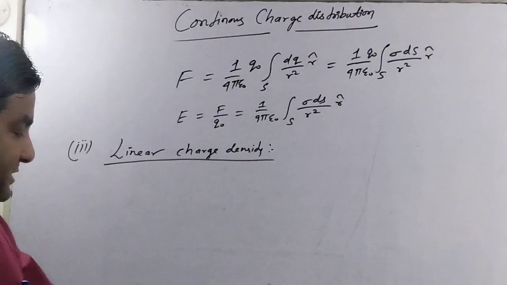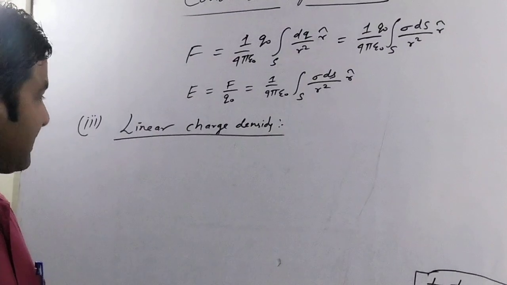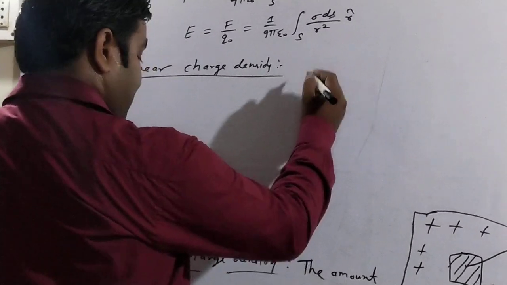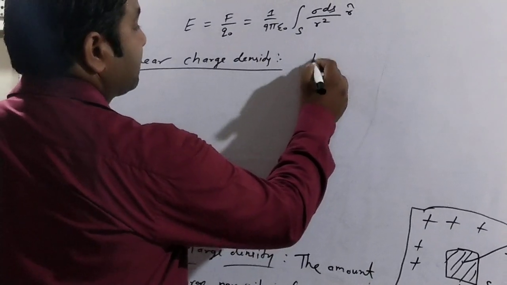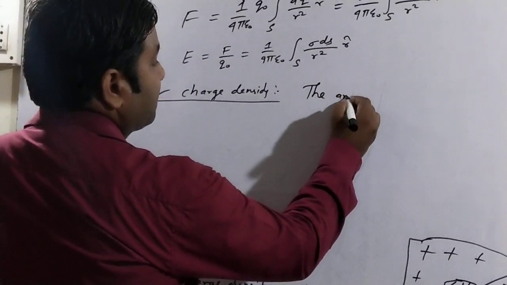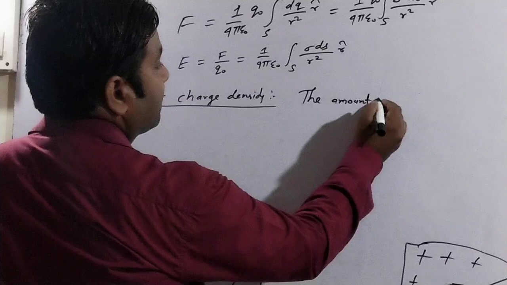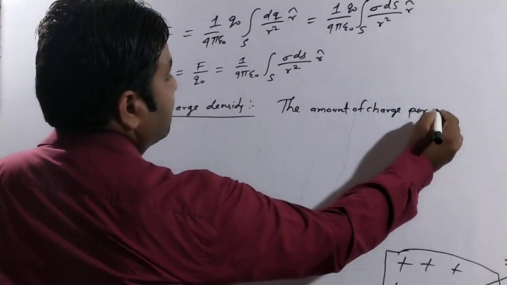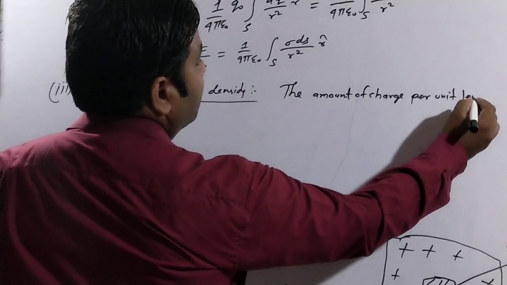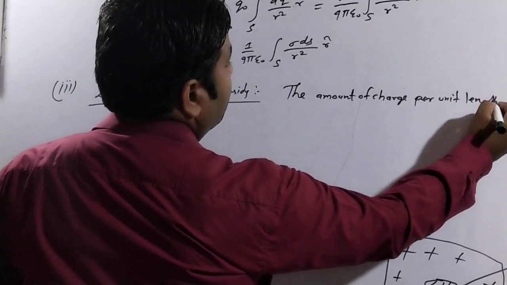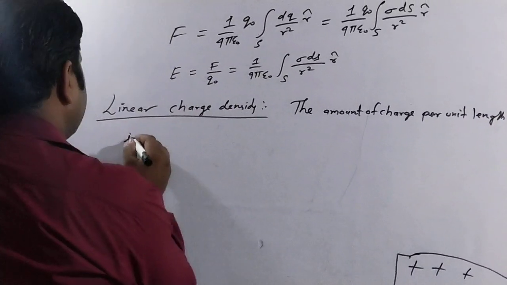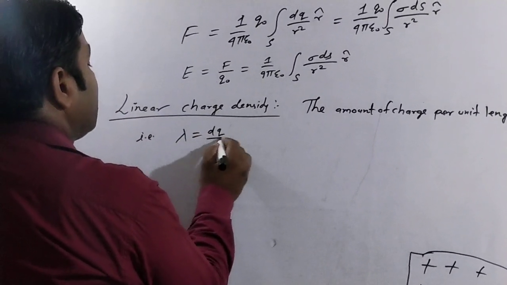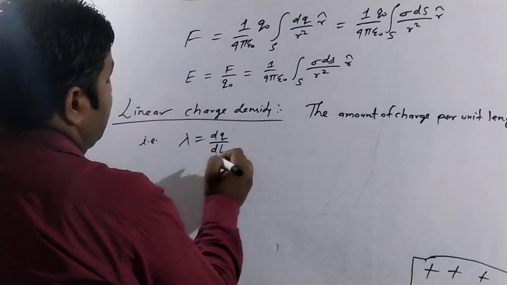Second, surface charge density, that is represented by sigma, and third, linear charge density, that is represented by lambda, and it is the amount of charge per unit length. Lambda is equal to dq upon dl.